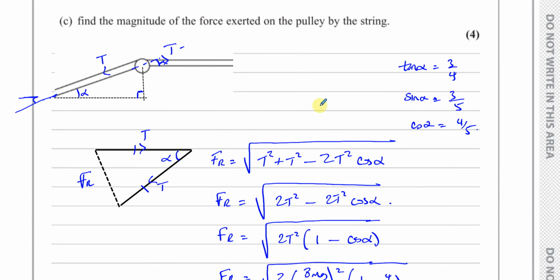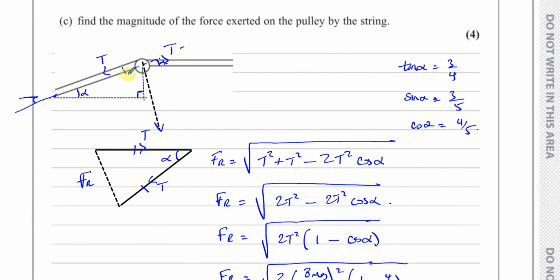There are also other ways of doing it. For example, what we could have done is find what this angle is, and say that the resultant is exactly halfway between those two.